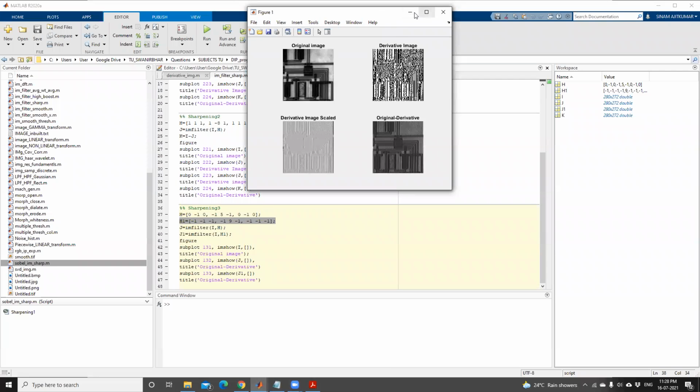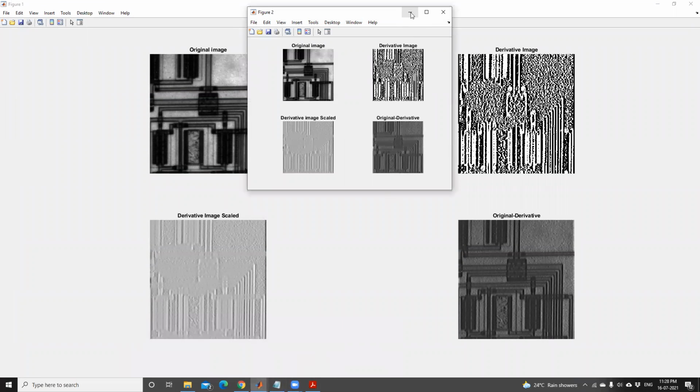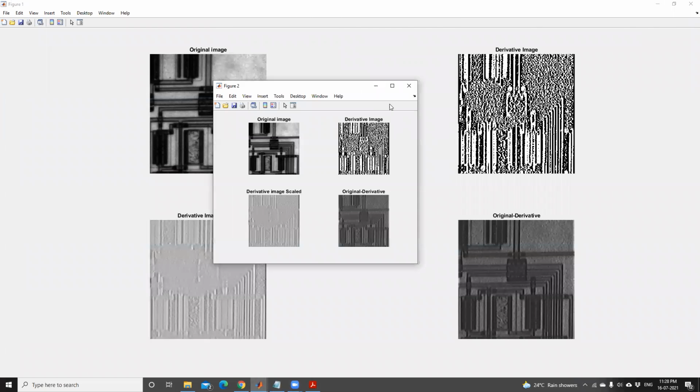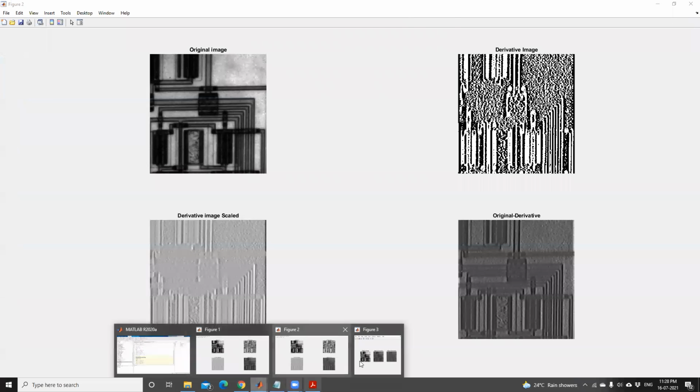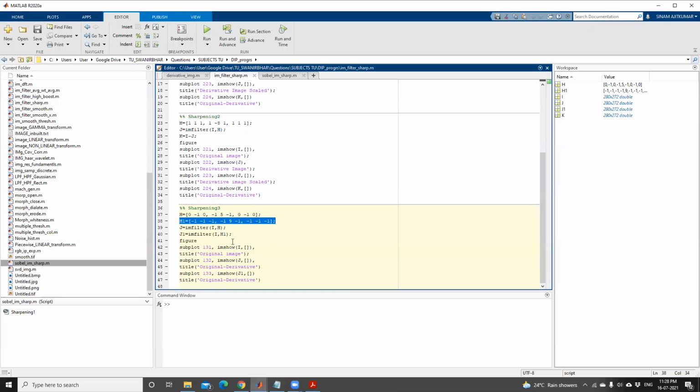This is the first sharpening, the second sharpening. If you compare the two, the first one is more sharpened, and if you directly apply them, this is the condition, the original derivatives. It's the same thing, just applying these matrices one by one.